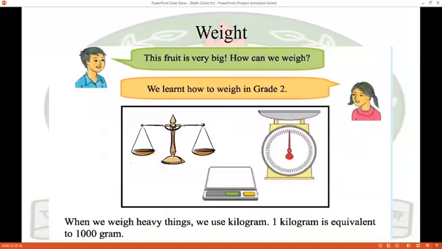The fruit is very big, so how can we weigh it? We learn how to weigh in grade 2, but here we see some devices for weighing.